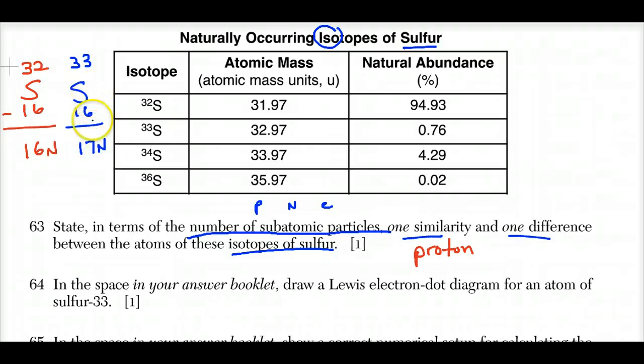So sulfur 33 has one more neutron. Now, why does this work? Because protons and neutrons combine to give the mass of the atom. So isotopes are the same element, but a different form, a lighter or heavier form of the same element because they differ in their neutrons.